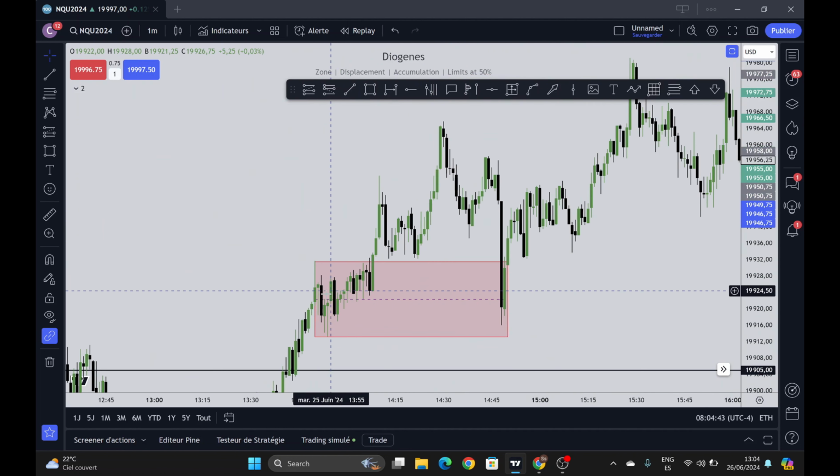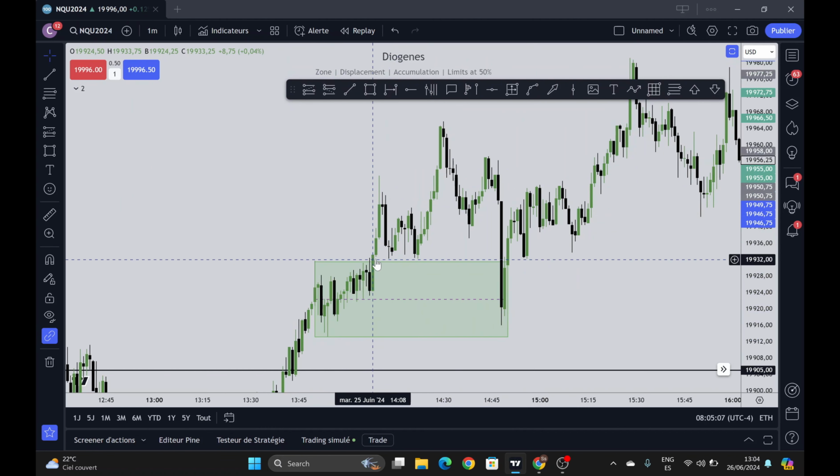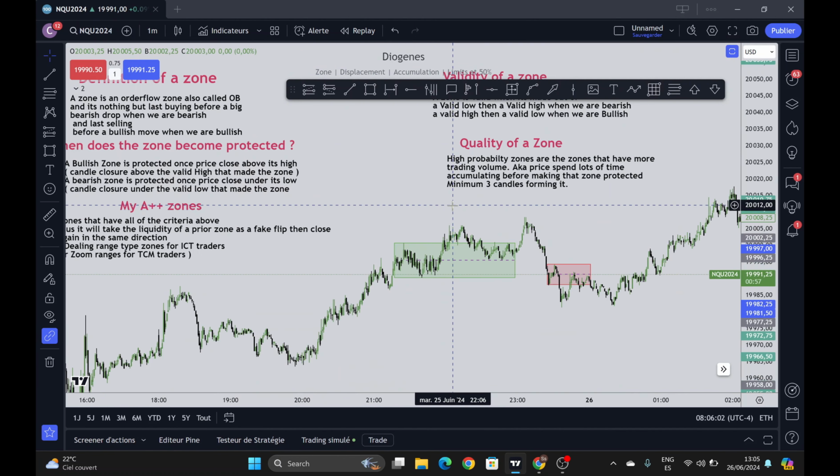Example, we have our valid high, our valid low, which make this a zone. So the zone is protected when we close above the valid high that made the bullish zone. So when we closed above it, just this candle validated this zone.